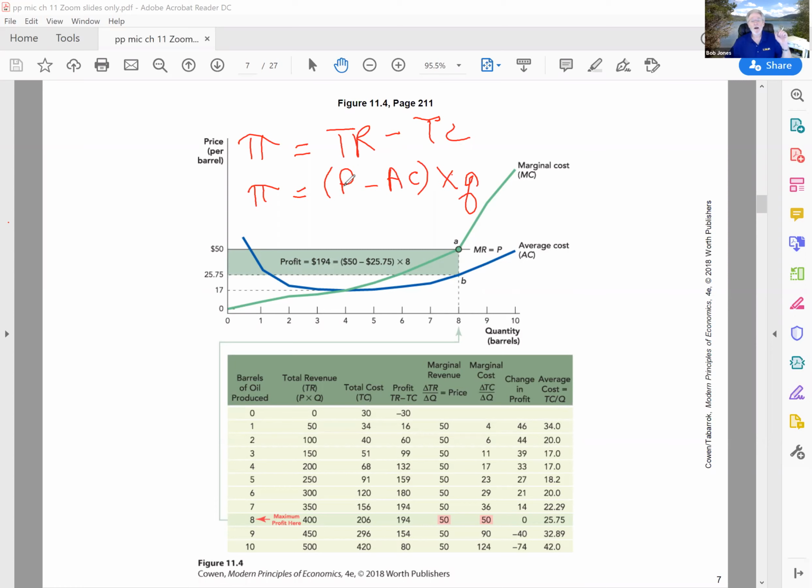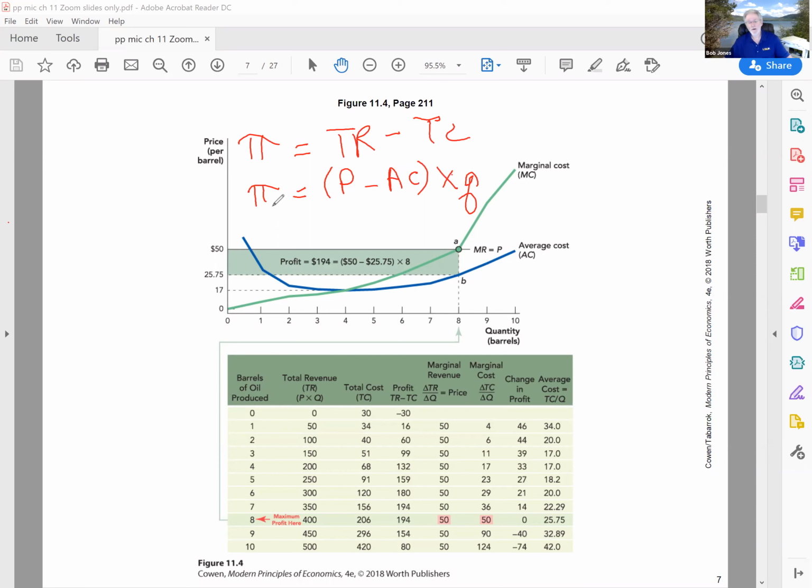Price is how many dollars the firm receives when it sells an average unit. Average cost is the cost they incurred to produce that average unit. So this difference would be the profit the firm is making per unit. Multiply that by the number of units, and it gives you the total profit the firm is receiving.